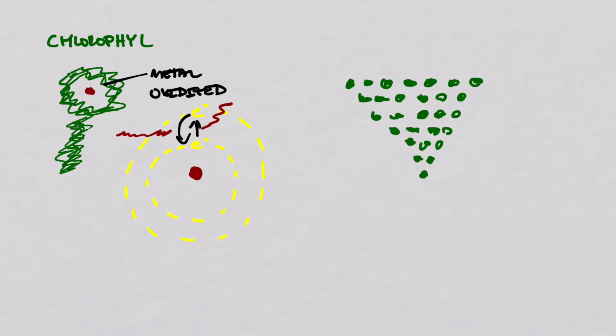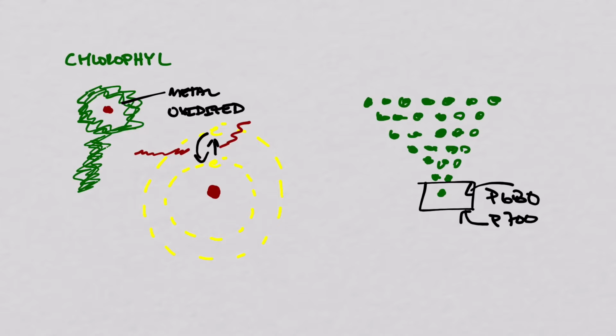And this final chlorophyll molecule is very important. In your puzzle, we talked about P680 or P700. Well, that's what this molecule is right here. It's either P680 or P700, depending on whether we're talking about photosystem 1 or photosystem 2.